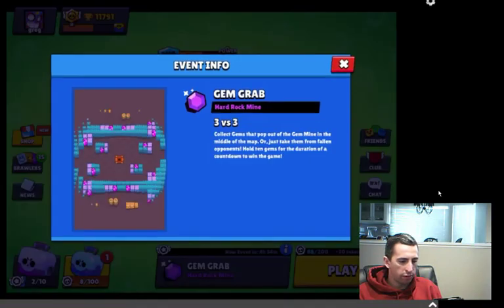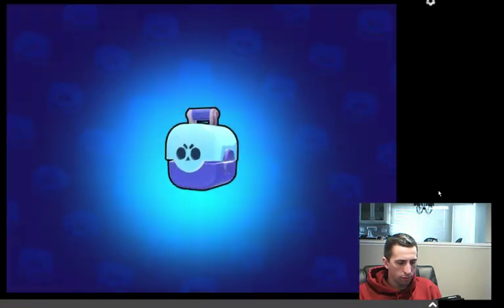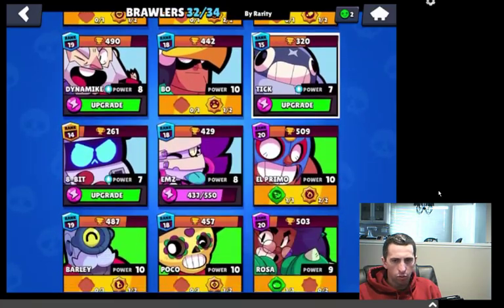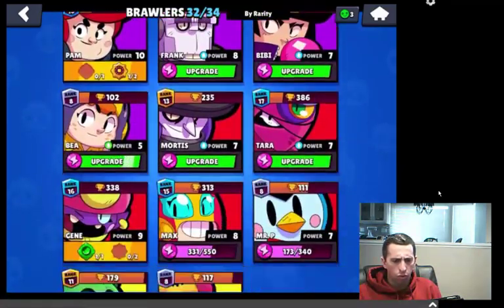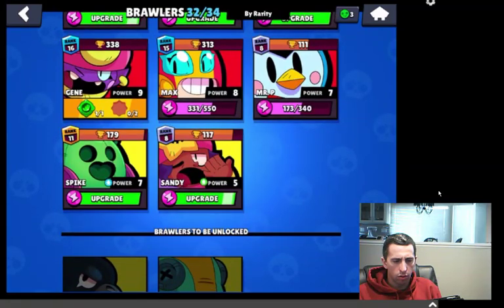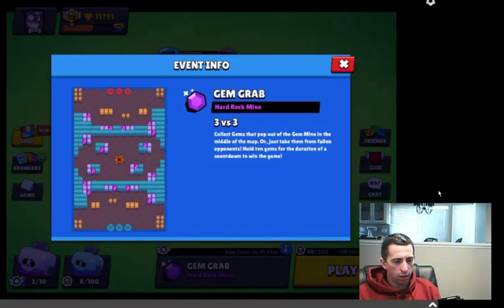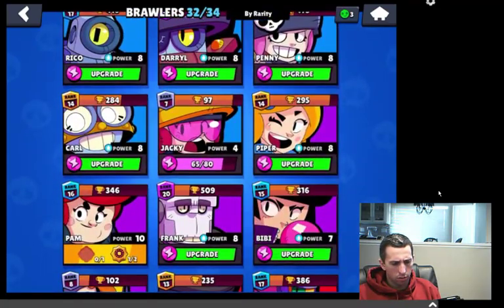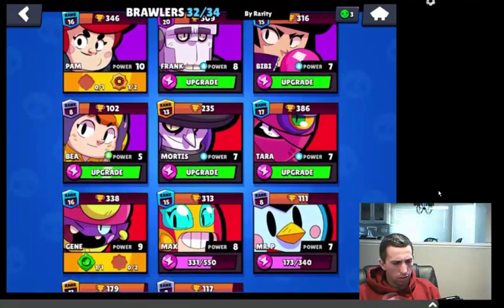We'll play my least favorite game mode here. See what the map looks like. I don't know what kind of character is good at this. Yeah, I'll try Mortis.